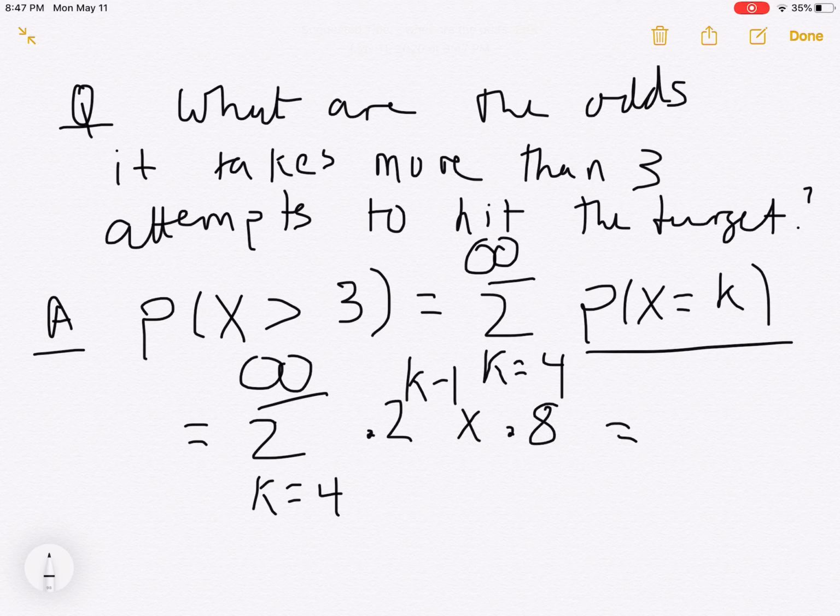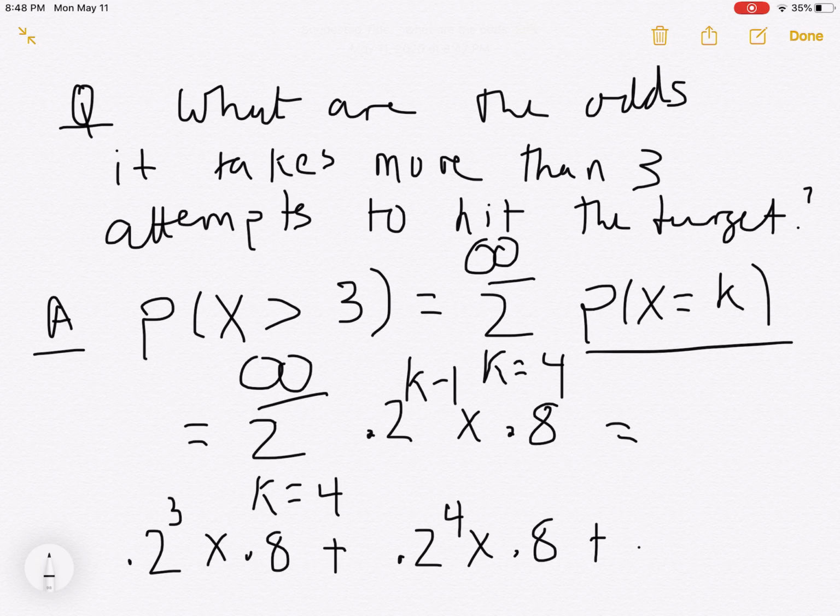If I write out what this is going to be, when k is 4, I'll have 0.2 cubed times 0.8, plus 0.2 to the 4th times 0.8, plus 0.2 to the 5th times 0.8, and this keeps going on and on and on. Okay? So I need to calculate this sum, which is infinite.